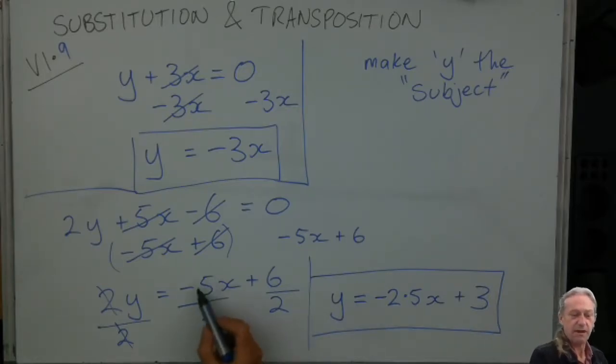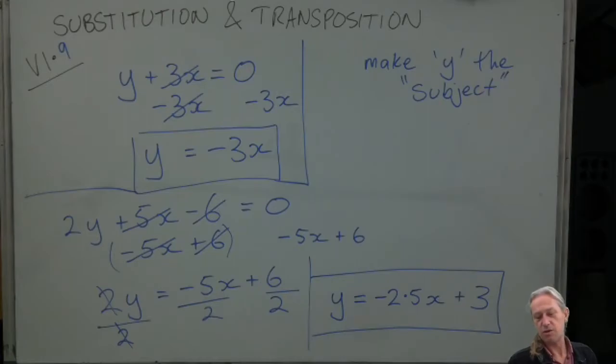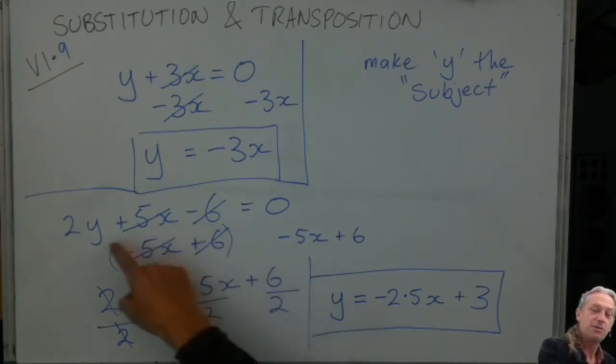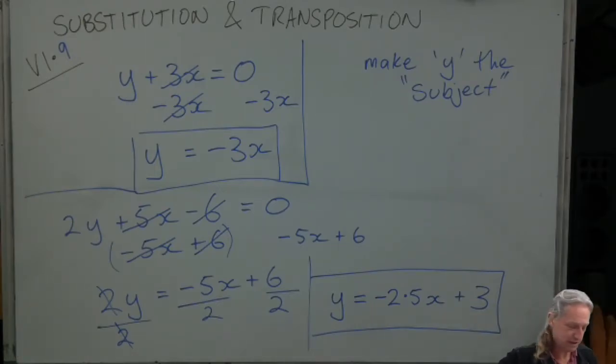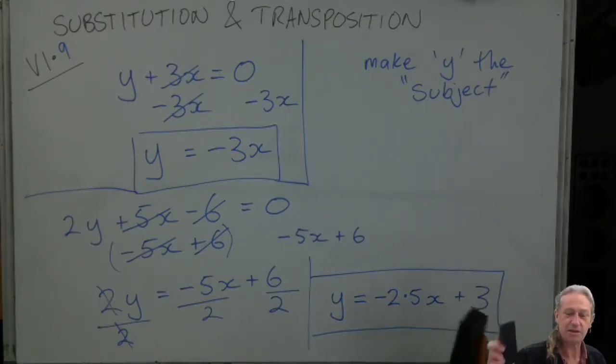We could have left that as negative 5 over 2, but I think negative 2.5 is a good enough solution. I hope doing two things up here didn't complicate things in your brain. Okay, so we've got one more of these, making y the subject.